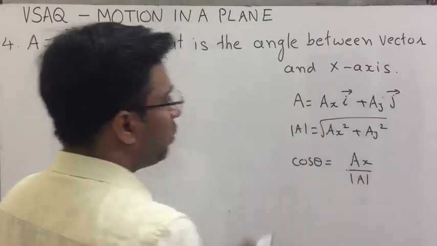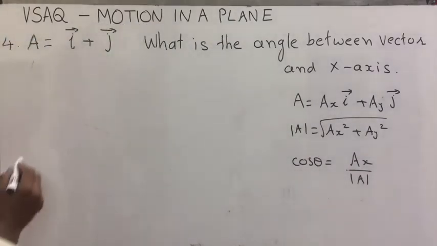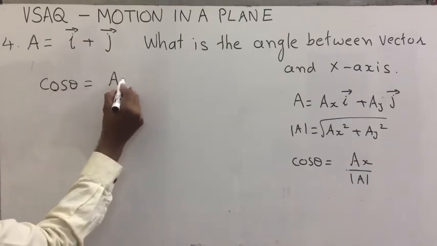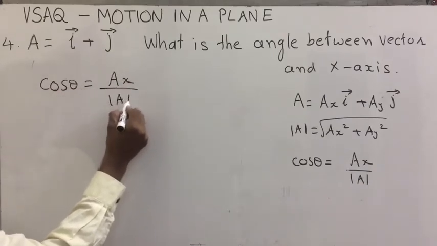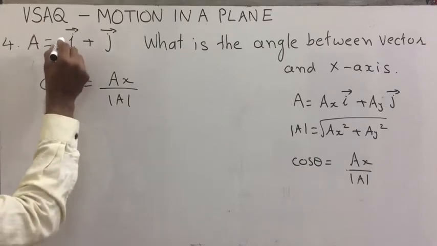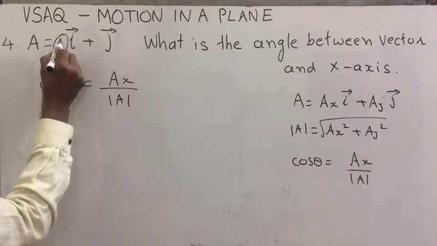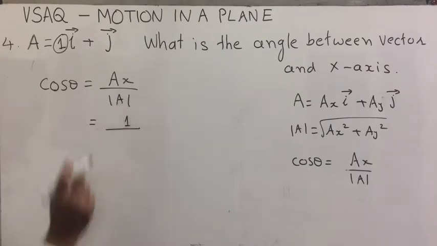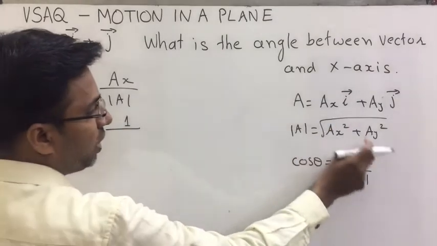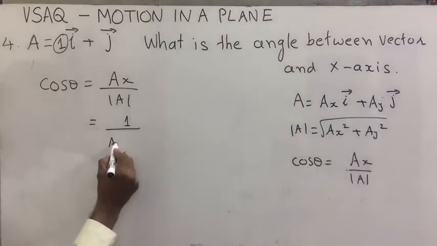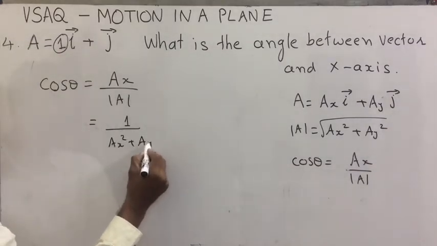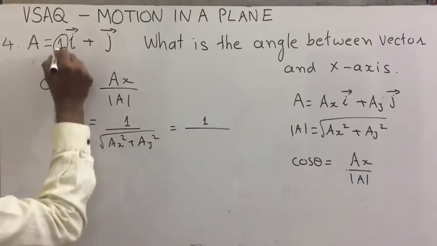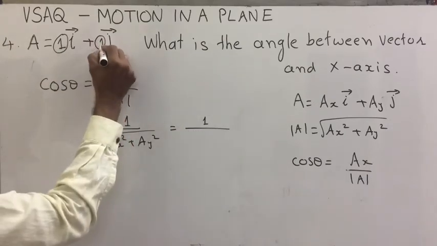Let us apply this concept to the given question. We have to find cos theta, that is AX by mod A. AX means the coefficient of i we have to write. If nothing is there, that means 1 is there. So 1 by mod A. Mod A is under root AX square plus AY square. AX is 1, AY is also 1.